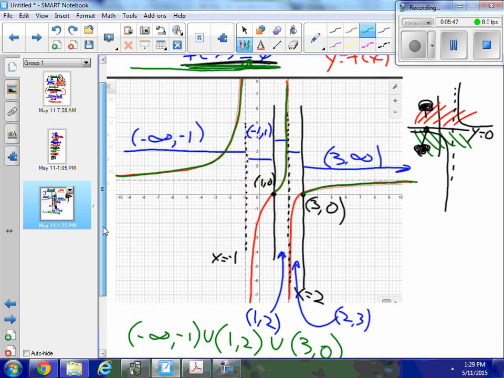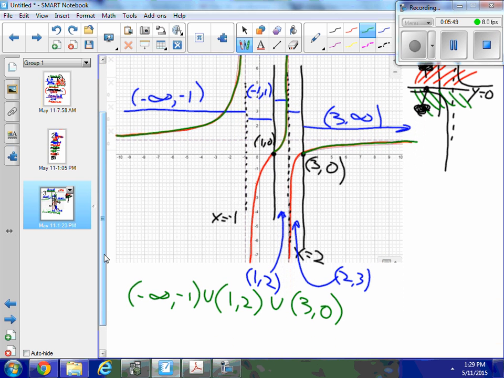Now, it does say greater than or equal to 0. So where I have a 0 right there at 1 and right there at 3, those are included. So those are brackets. 1 and 3 are brackets because they are included.